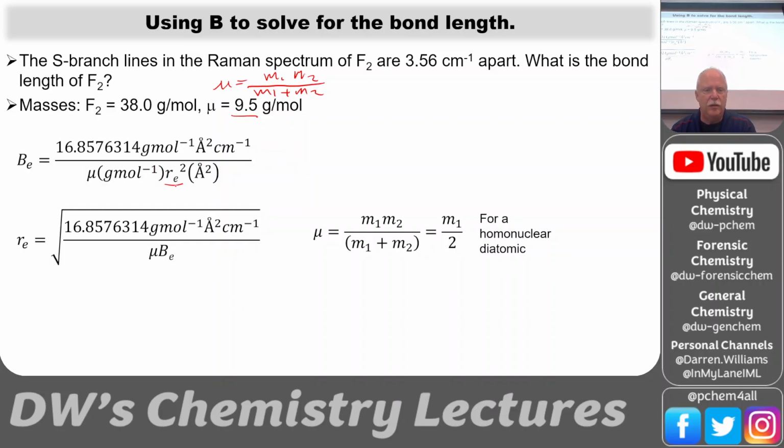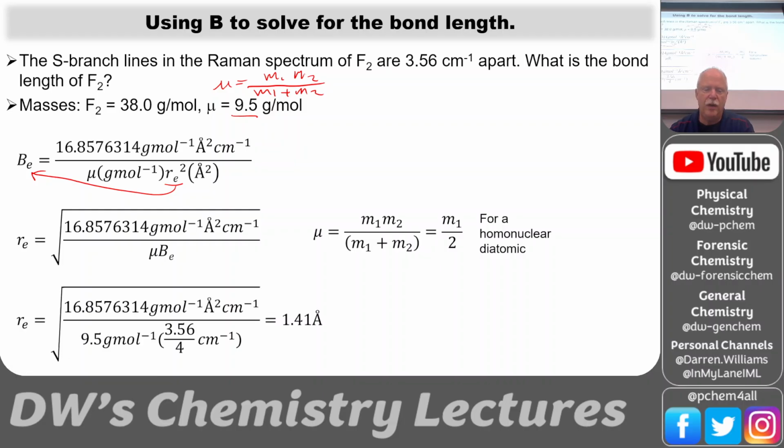We're swapping the bond length and the rotational constant. So the bond length is the square root of that whole mess over mu BE. But here's where units don't help you, right? We have to know that this is a Raman experiment. It's an S branch.